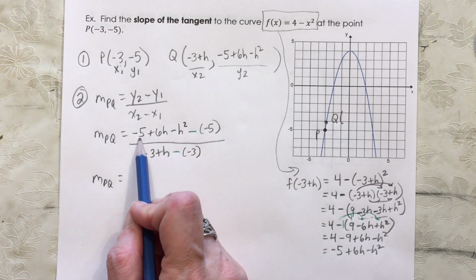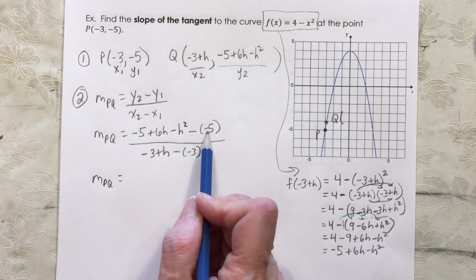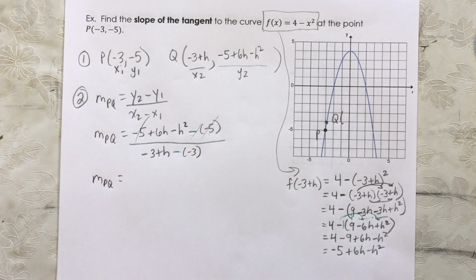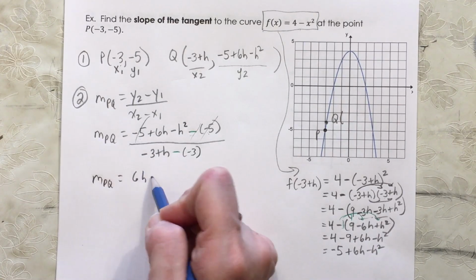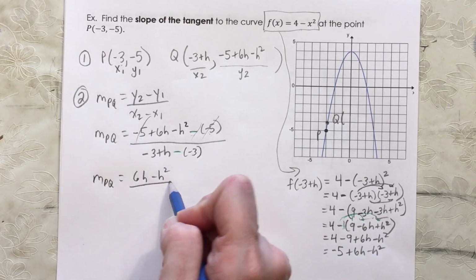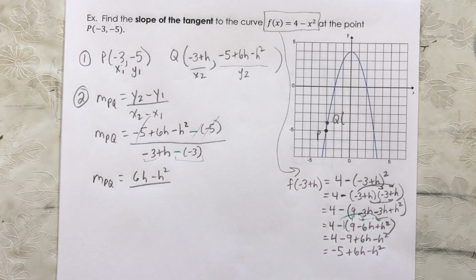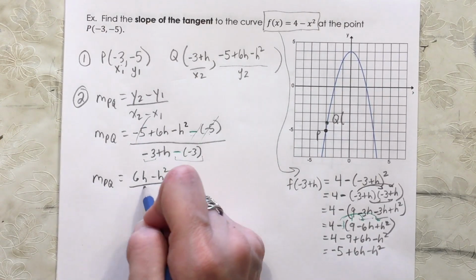All right, so here I've got -5 minus -5, so that's really -5 plus 5. So I'm left with 6h minus h squared in the numerator. And then same thing here, I've got -3, and this turns to be +3. So I'm left with h in the bottom.